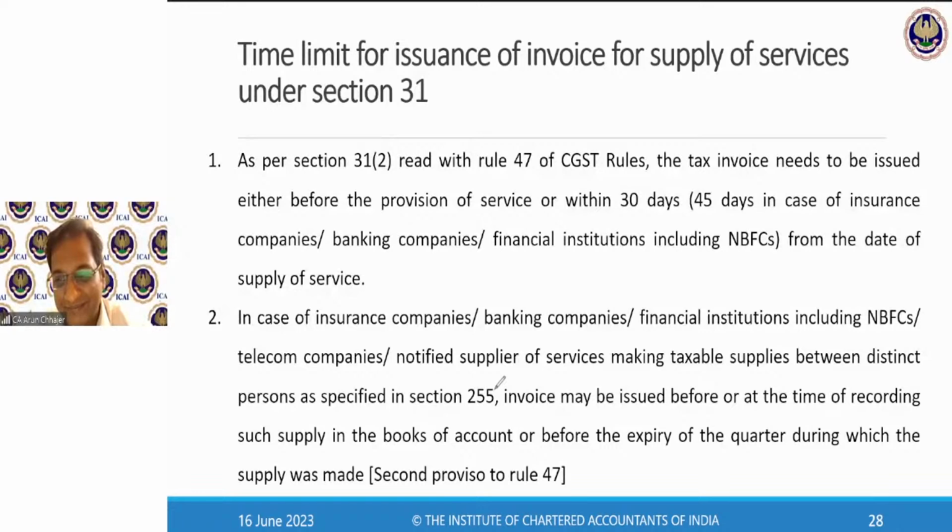Absolutely correct, sir. Absolutely correct. So what is the meaning of distinct person? One PAN, multiple GST. They are called as a distinct person.